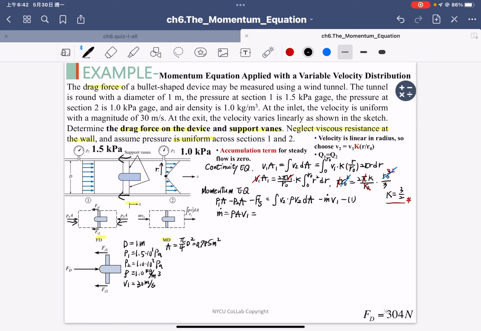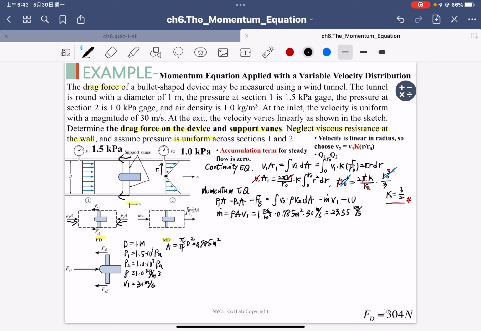So we know the density is 1 kilogram per cubic meter, the area is 0.785 square meters, and the uniform velocity is 30 meters per second. So we can calculate the mass flow rate, which equals 0.785 multiplied by 30, so it's 23.55 kilograms per second.